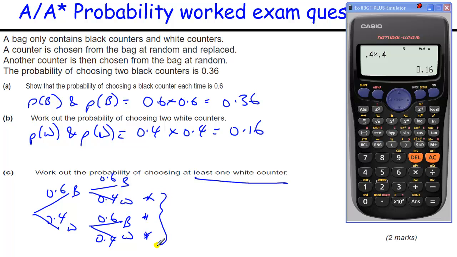We could work all those out and add them up, or we can do 1 minus the probability of black and black, because that's the only one that's not at least one white. We know that's 0.36, so the answer is 0.64.